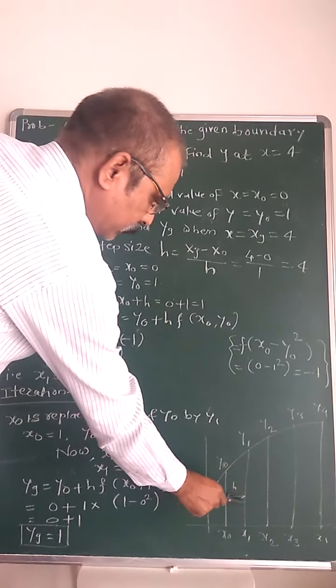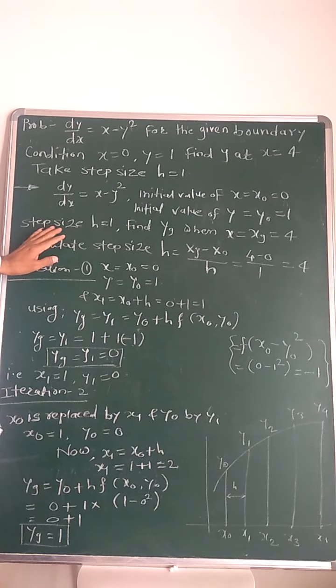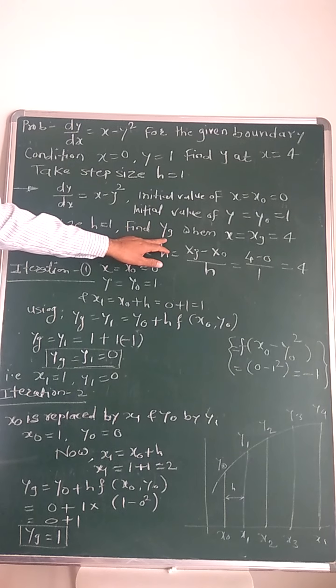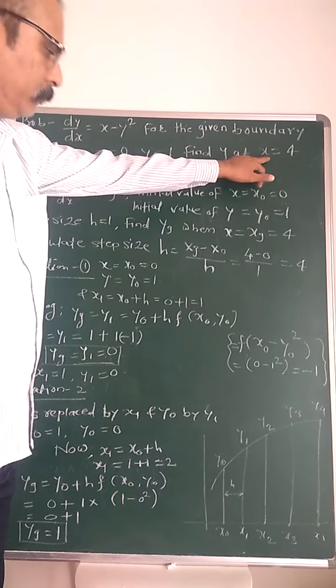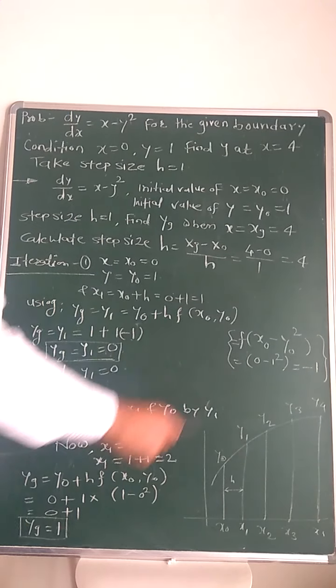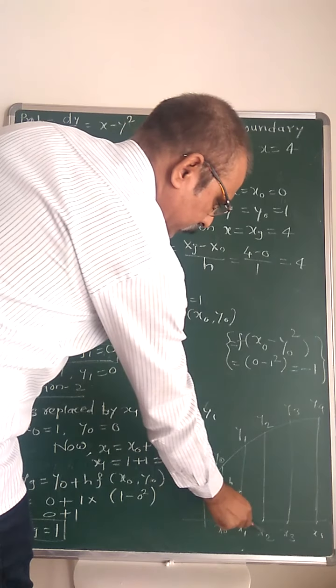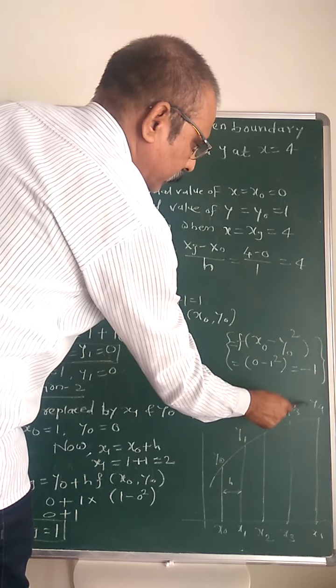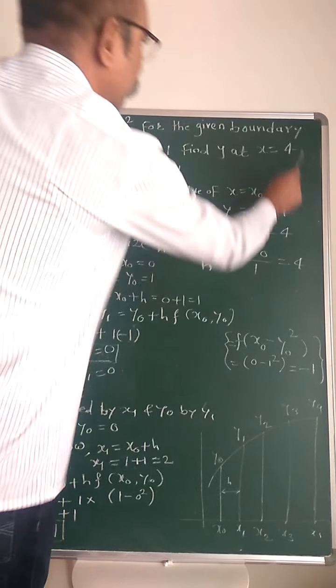Step size is h, which is equal to 1. You have to find the value of yg when x is equal to xg is equal to 4, that is the final limit of x is equal to 4. That is x1, x2, x3, x4. Here you have to find this value y4, that is yg when xg is equal to 4.